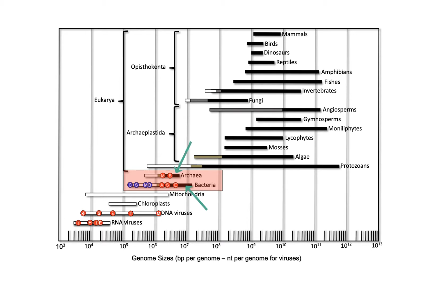So everything in black up there, those are free-living organisms, usually larger cell sizes. And as you work your way down, then you can see that the ones at the bottom are parasites and symbionts and endosymbionts, and those have smaller genomes and generally smaller cell size.